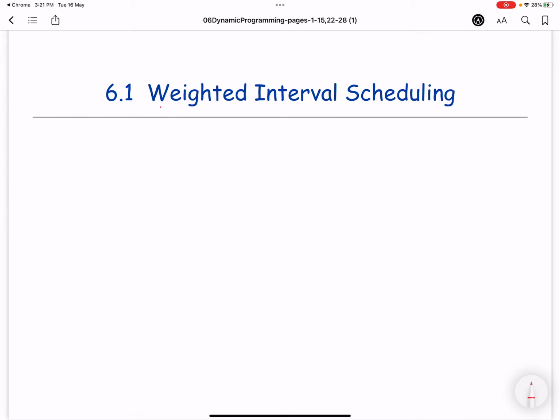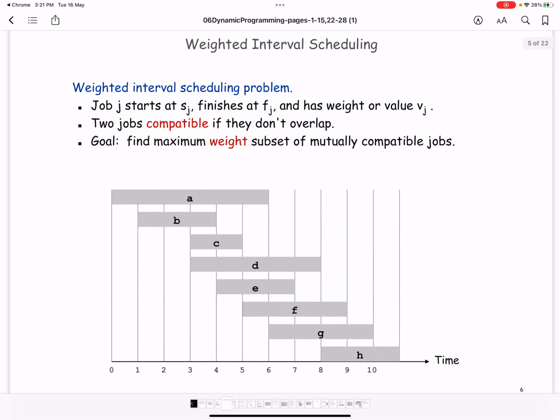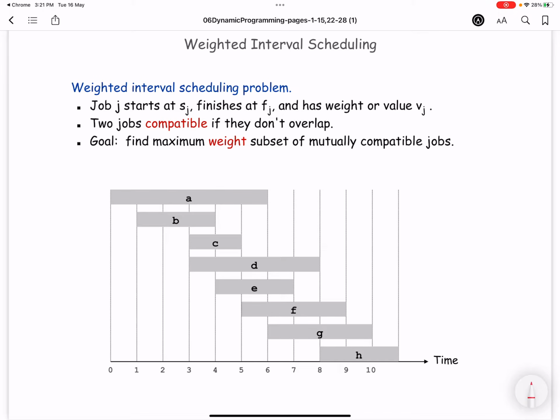The first one is weighted interval scheduling. We know what interval scheduling is, we studied it before, but today we have to add some weights to the intervals. In interval scheduling, we have some intervals starting at some time and ending at some time, and we need to select the intervals that do not conflict.